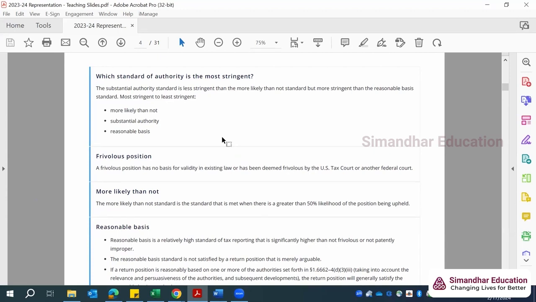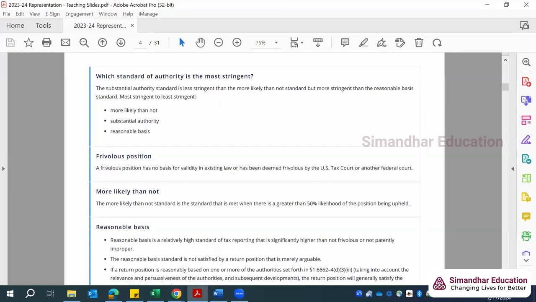That means literature which you read and on which you can rely, which can be in the form of revenue procedures, revenue rulings, or any notices issued by the IRS, the body which has the authority to govern the tax system in the US. If you are basing your position on that, then that's substantial authority. And substantial authority means that if your position is questioned in a court of law, then there is more than a 40% chance that your position will be upheld.